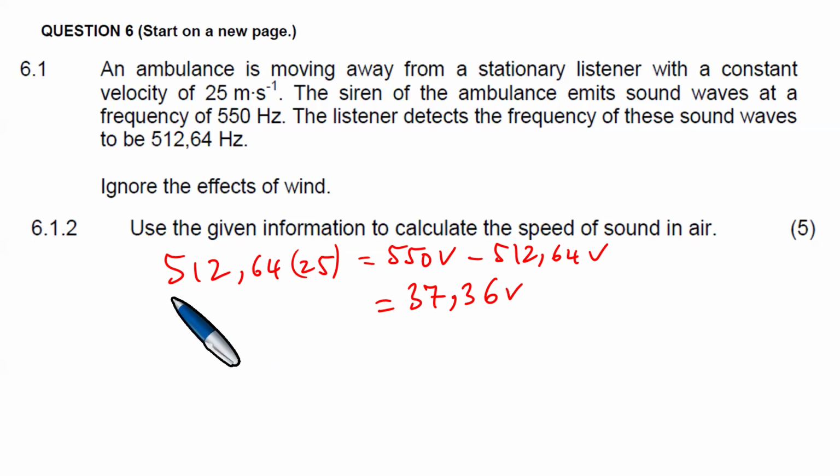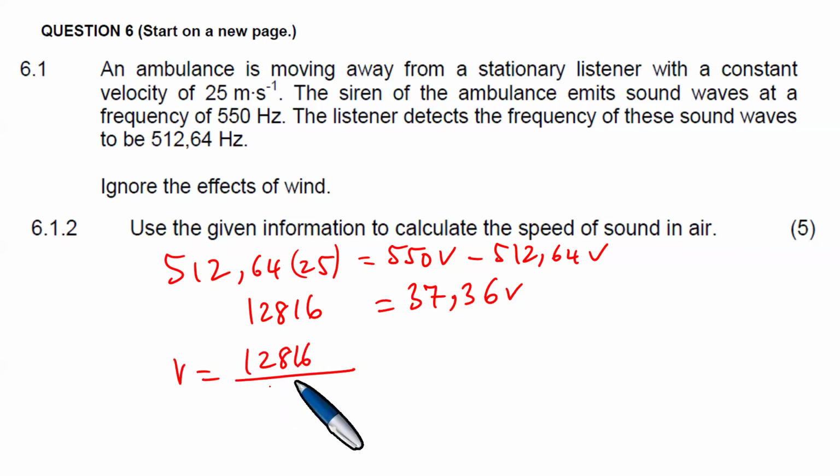On the other side, 512.64 times 25 is 128.16, hundreds. So 128.16 divided by 37.36. Sorry, I lost numbers there.